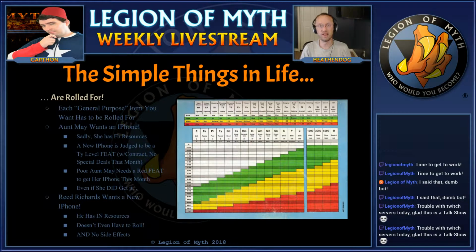You're not buying the phone outright, you're paying it through contract throughout the length of 2 years. So you pay a lot of it every month. Well, poor Aunt May needs a red feat because she's got feeble income, and that's a +2 column shift. So instead of green, she needs red, because every column shift increases your level from green to yellow to red, and anything past 2 column shifts up is an impossible feat.